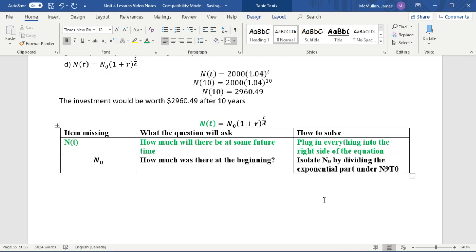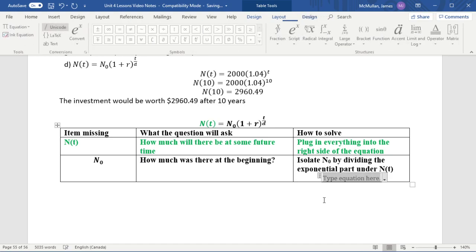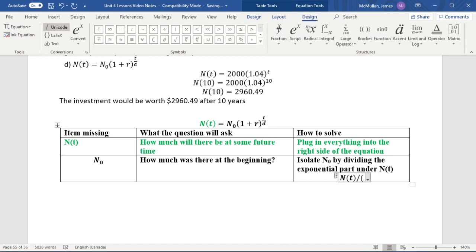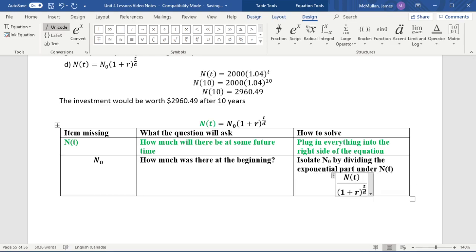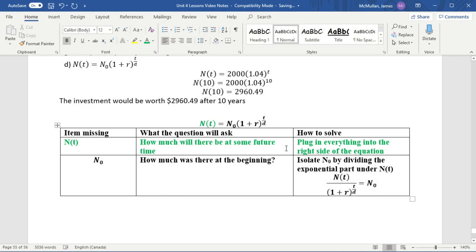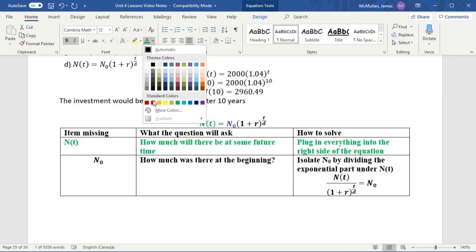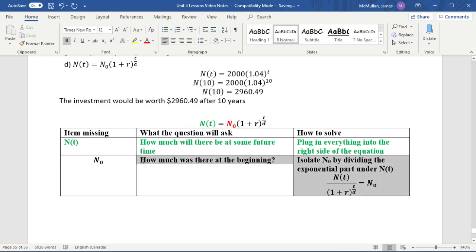So you'd do N of T divided by (1 plus r) to the power of t over d equals N0. You just use your algebra to isolate N0. So if that part's missing, you'll know what to do. The question would be asking you about how much was there back at the beginning.